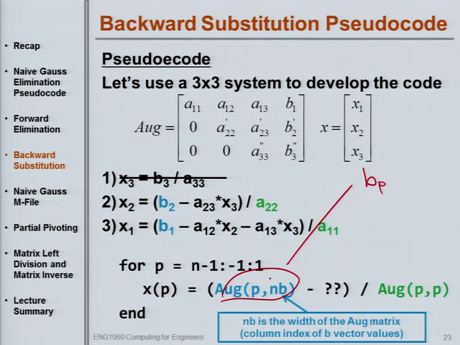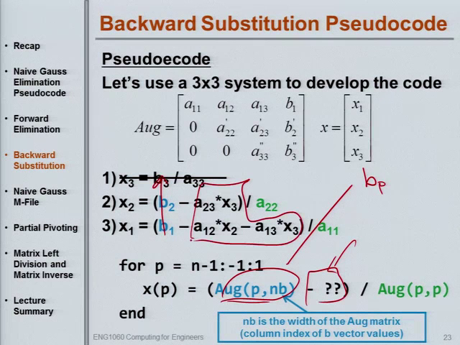Remember, we stored the column vector B in the right-hand column of the augmented matrix. So going up here like this is equivalent to writing aug P, n+1. We've got to subtract some extra stuff. We don't know what that extra stuff is yet. We don't have a general idea of what this looks like yet. So we're just going to leave it as, I know we've got to subtract something, but we'll figure that out in a minute. But what we do know is we have to divide by the pivot element.